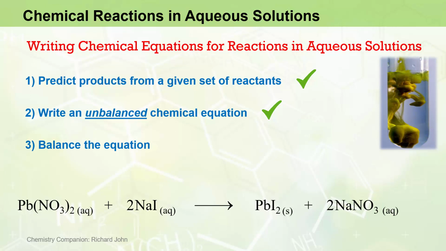We're also going to have to identify all appropriate subscripts for each substance in the chemical equation. And finally, 3, we balance the chemical equation by placing appropriate stoichiometric coefficients in front of each substance, remembering that we do not need to explicitly write the number 1 as a stoichiometric coefficient.